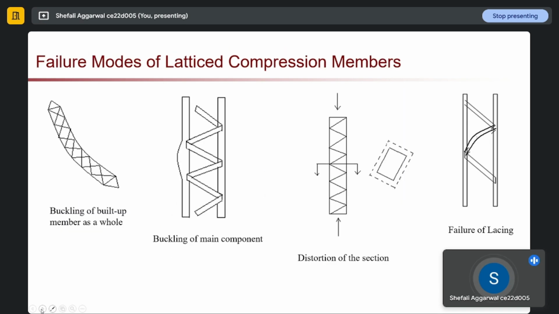So after this, what are the different failure modes in our compression member? Either the complete built-up member, a complete section including laces and the column members, completely buckles.